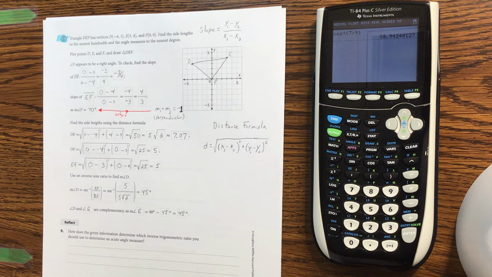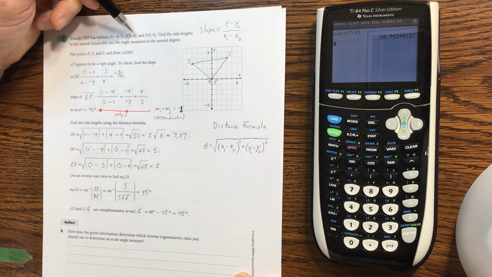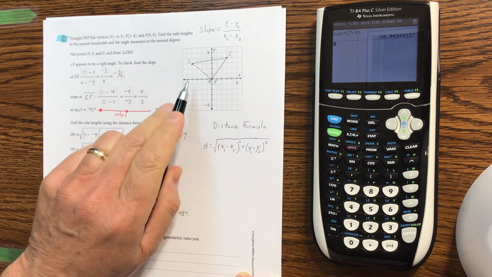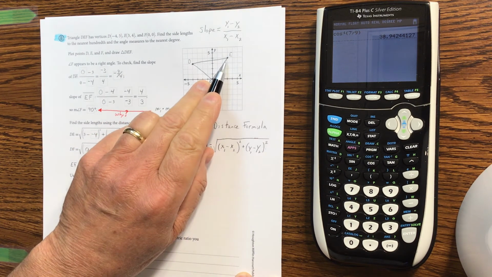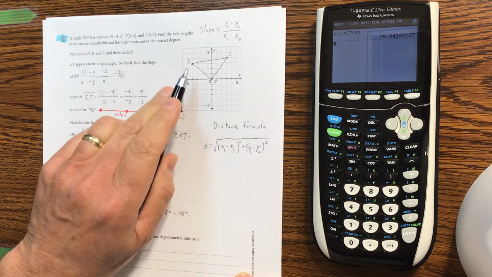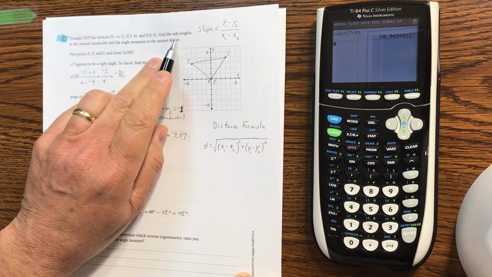All right, you're back. Here we have triangle DEF, which has the following vertices: (-4, 3), (3, 4), and (0, 0). So I took the time and graphed (-4, 3), (3, 4), and (0, 0), and labeled them as such, D, E, F. We want to find the lengths of the sides.